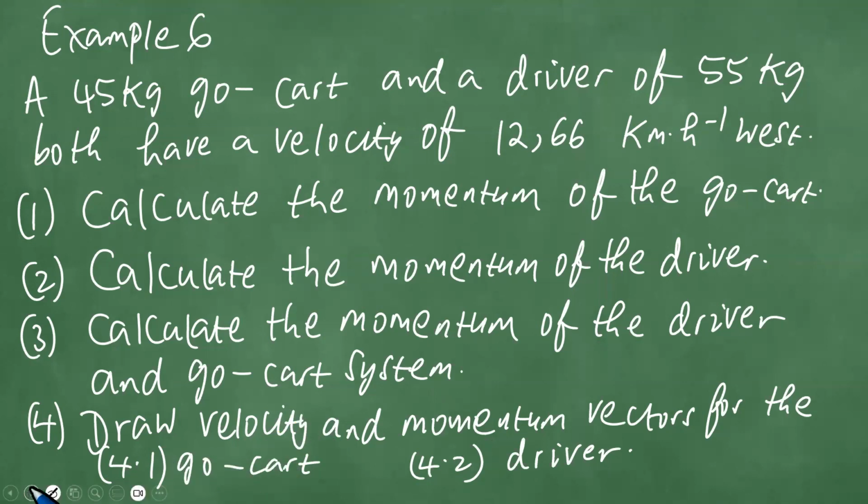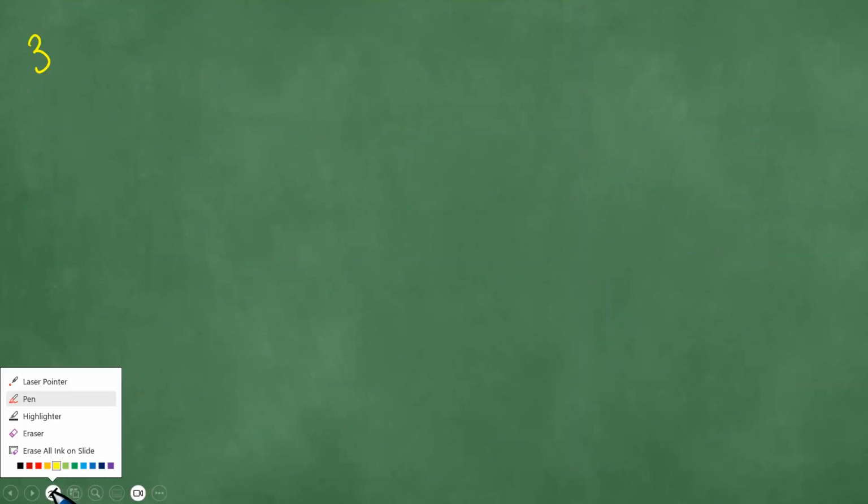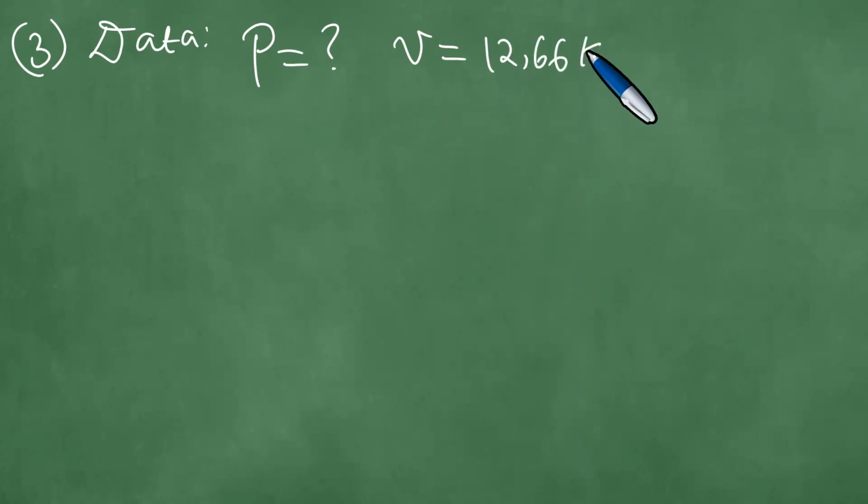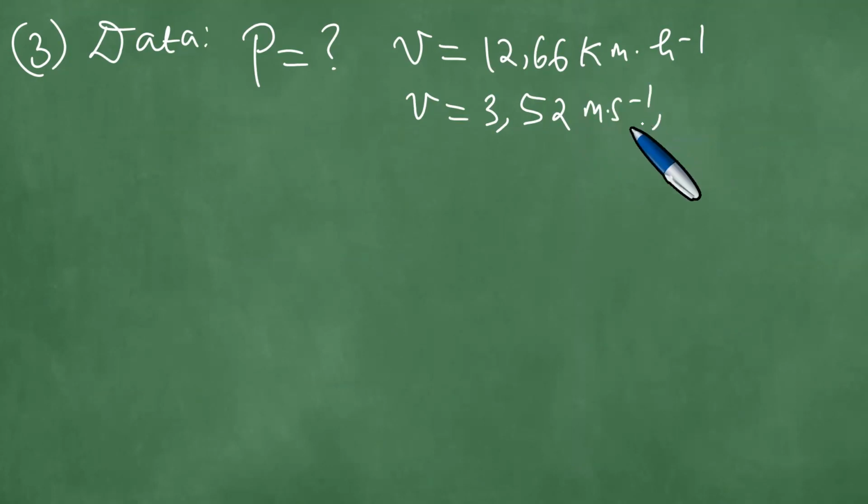Okay, right. So number 3. In number 3, we're going to look at the driver and go-kart system. So we are focusing on data, but we're interested in the momentum P. And then the velocity we know is 12.66 kilometers per hour, 3.52 meters per second west.